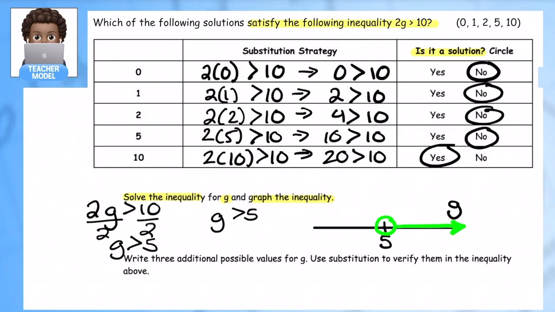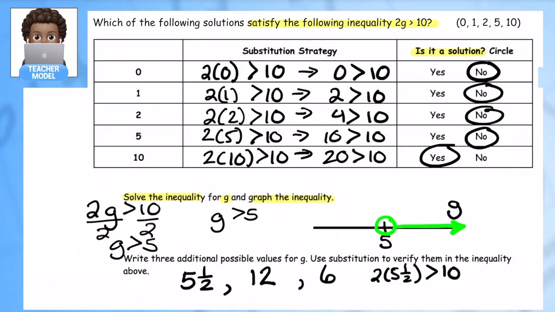So what are some possible solutions? 5 and 1/2 is a possible solution because that is greater than 5. I can say 12. And let's try 6. And again, to simplify that and just verify it, I can go back to the original equation. 2 times 5.5 is greater than 10.